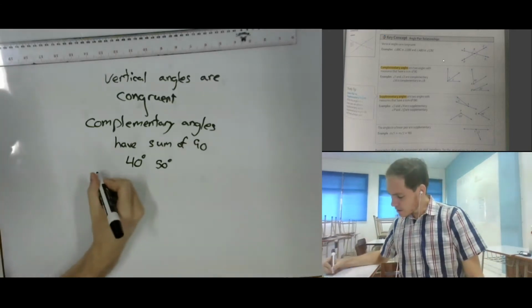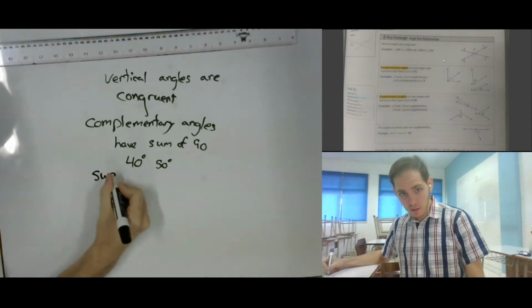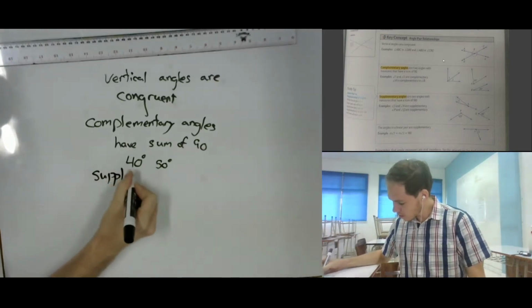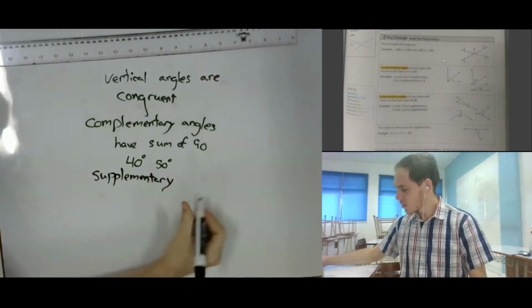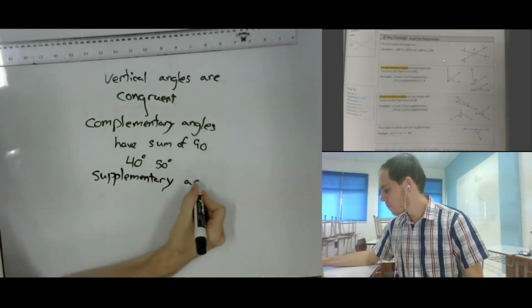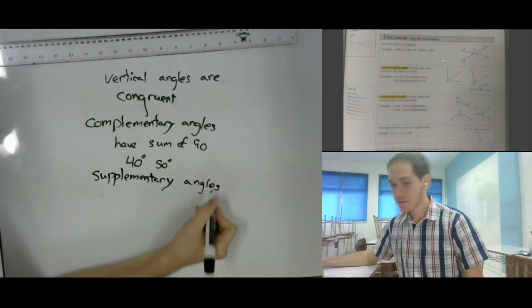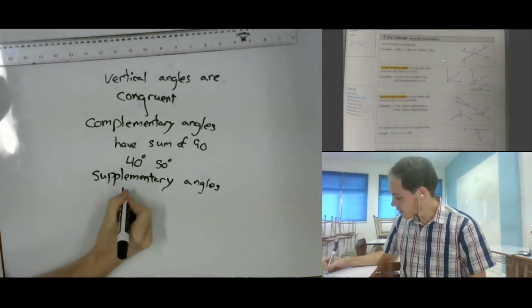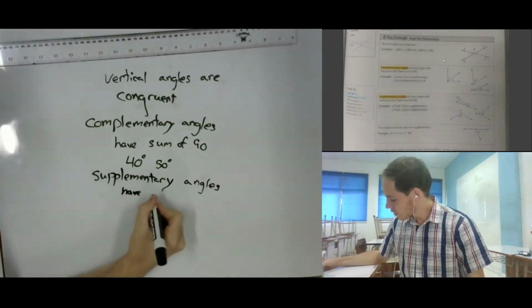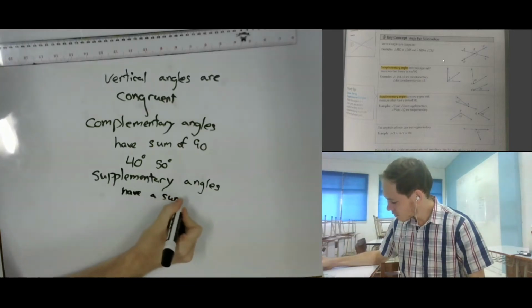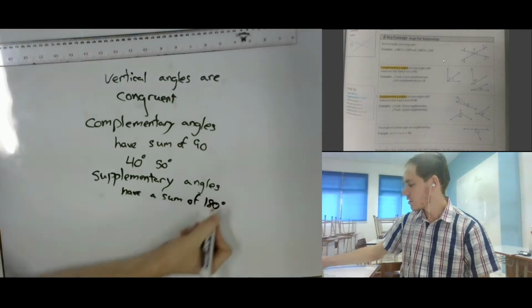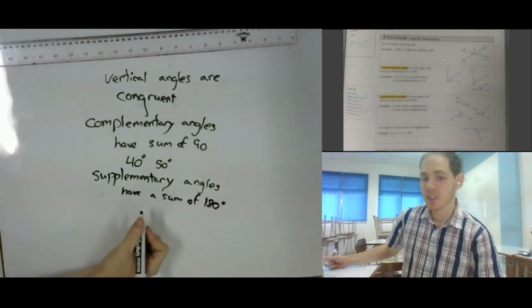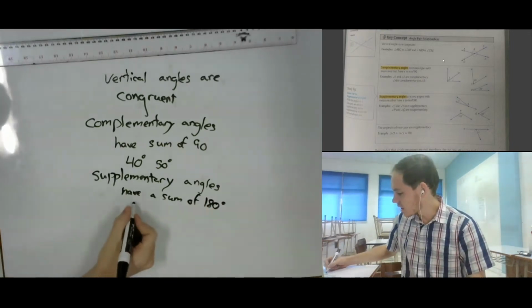Okay? Supplementary angles add up, have a sum of 180 degrees. Supplementary will make a straight line.